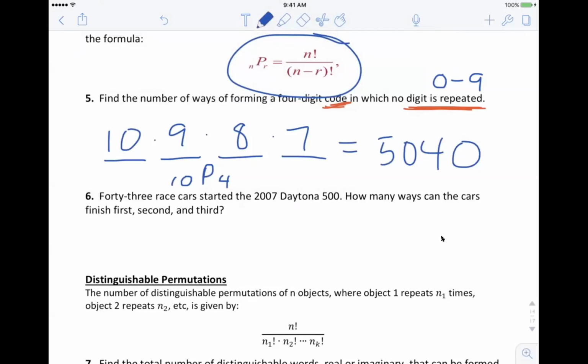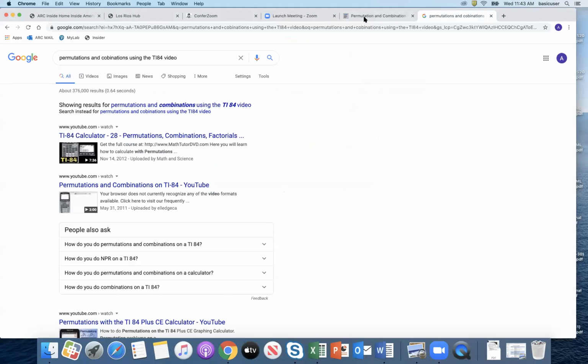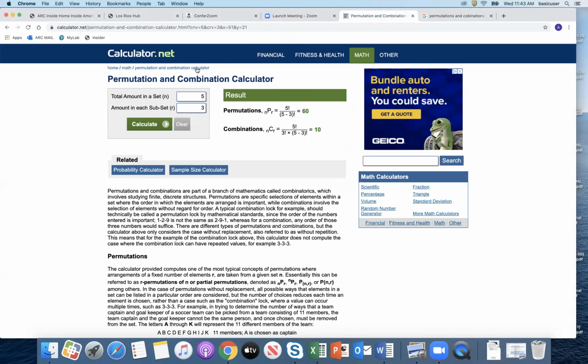Oh, real quick, another idea. Let me do a quick share of my desktop. Calculator.net, if you just do calculator.net permutations and combinations, they have a calculator for that too.